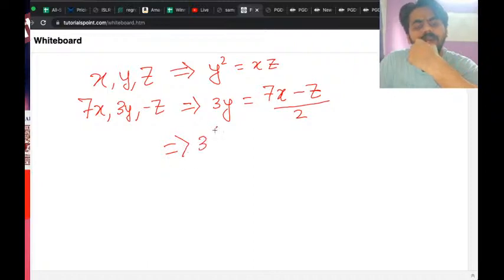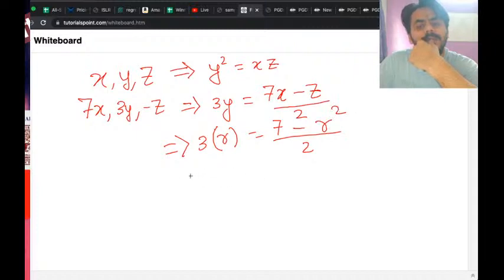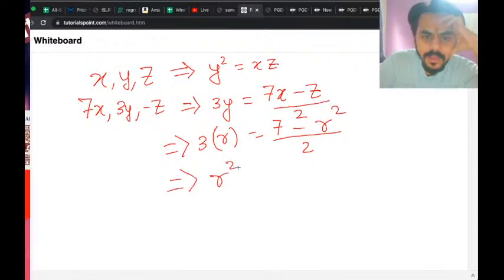Now y by x is the common ratio r. 7x by x is your 7. z by x will be your r square. This 2 goes there, r square here, plus 6r minus 7 is equal to 0.